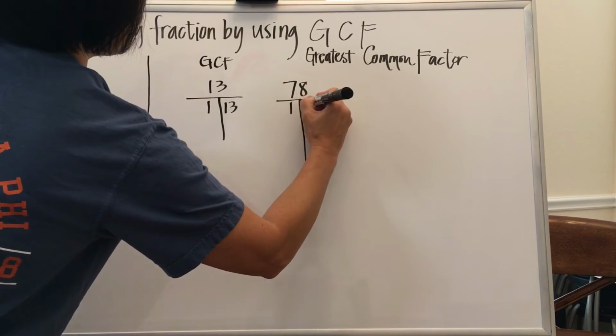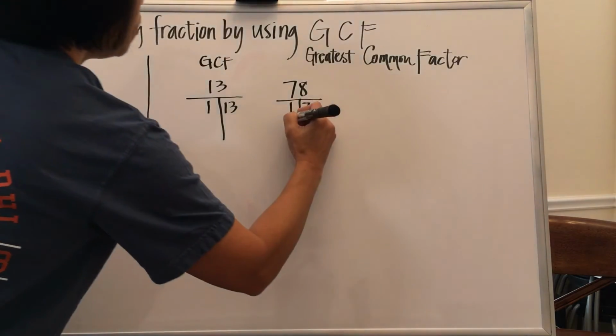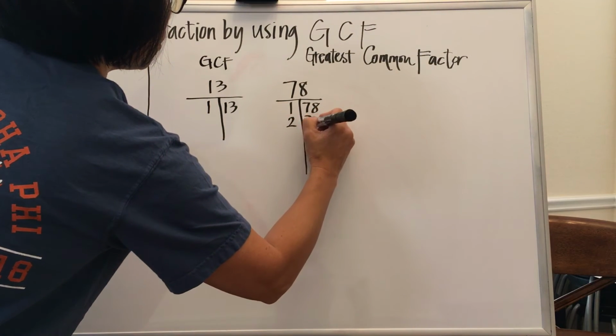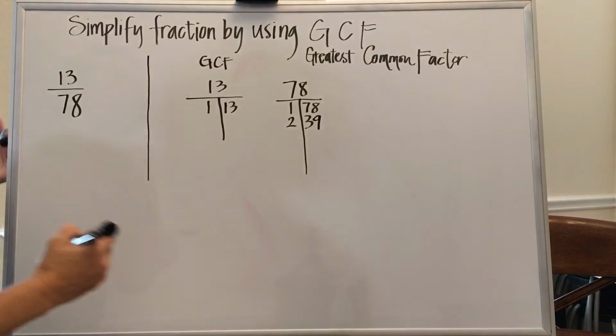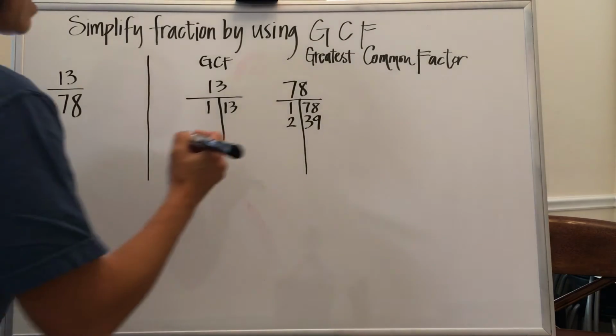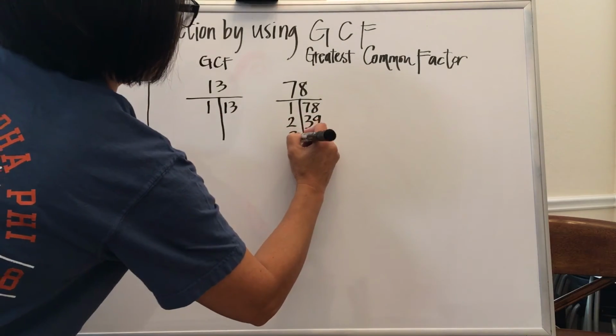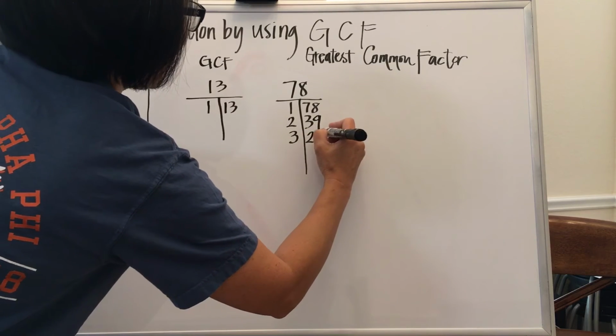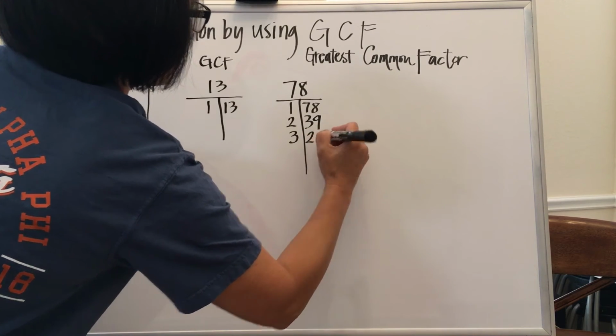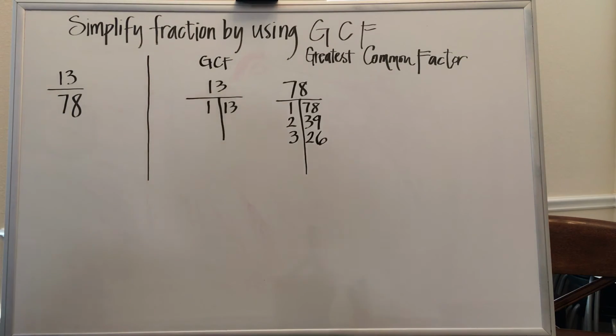So 1 times 78 gives us 78. 2 times 39 gives us 78. Can it go into 3? Yes, 3 times 2 is 6, so we have 18 left over. 3 times 26 gives us 78.